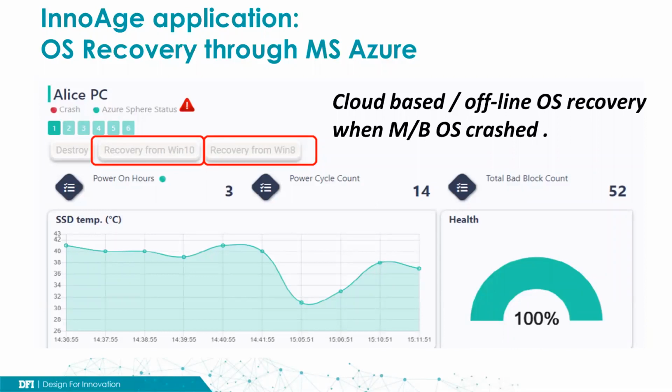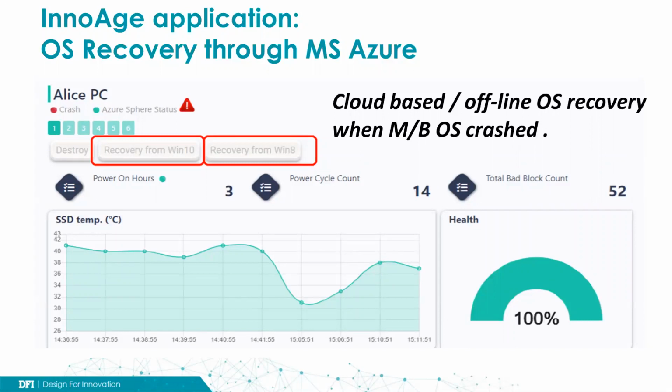Although we can already repair it by recovering the OS image with a software tool, the software tool cannot work if the flash damage is in the boot partition area. It's really a big problem in this situation, but it's not a problem when using this edge-to-cloud InnoAge and DFI solution.